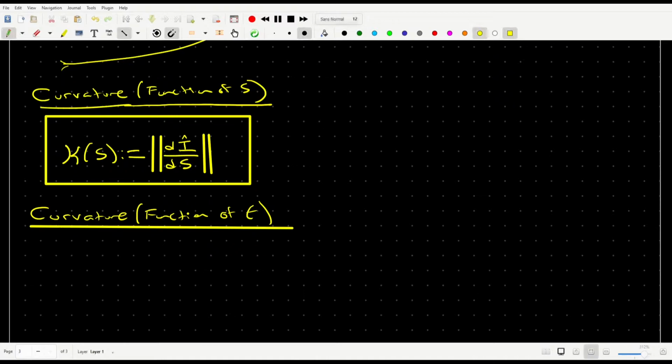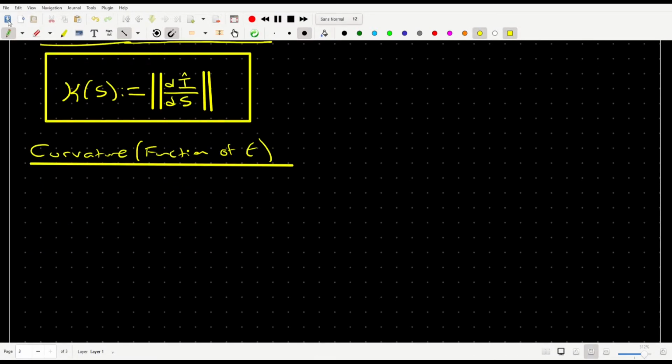To obtain the curvature as a function of t, where t is any arbitrary parameter of the curve, we can do just this by doing a chain rule here. Right? The curvature is the same thing as a function of, say, s of t. And we know then that this is the magnitude of dT/ds, which by the chain rule is the same thing as dT hat/dt times dt/ds.